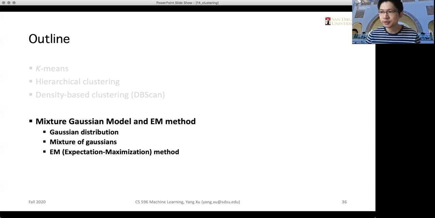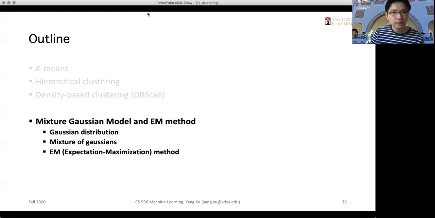In the next lecture this Thursday, I think I'm going to give a topic on generative models, which is quite related to the mixture Gaussian models, and also the hot topic of generative adversarial networks, the so-called GAN models. I will also cover a bit of that.